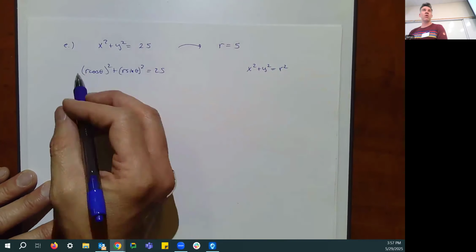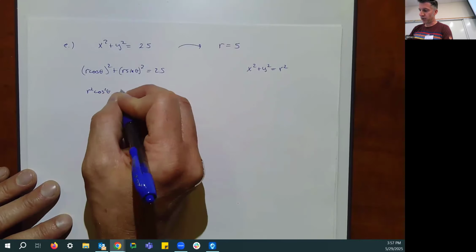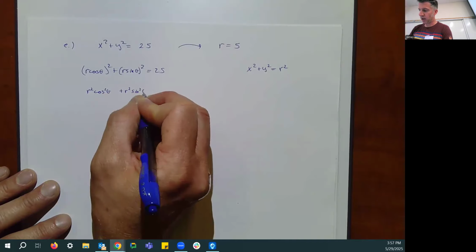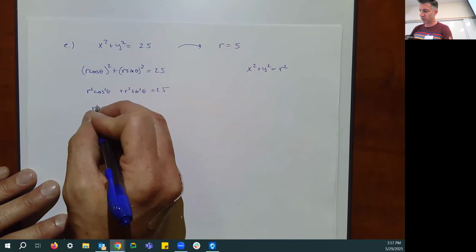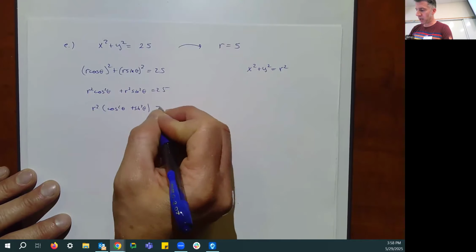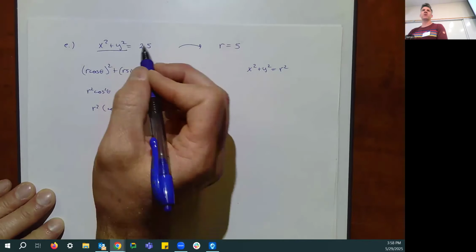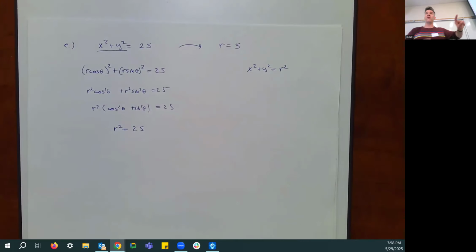I don't have to do the work of saying this is r squared cosine squared theta plus r squared sine squared theta equal to 25, and then that's r squared times 1 equal to 25. I should have just said from the jump, that's r squared. So if you're converting from rectangular to polar or polar to rectangular, if you see an x squared plus y squared, immediately say that's r squared. Or if you see an r squared, immediately say x squared plus y squared.